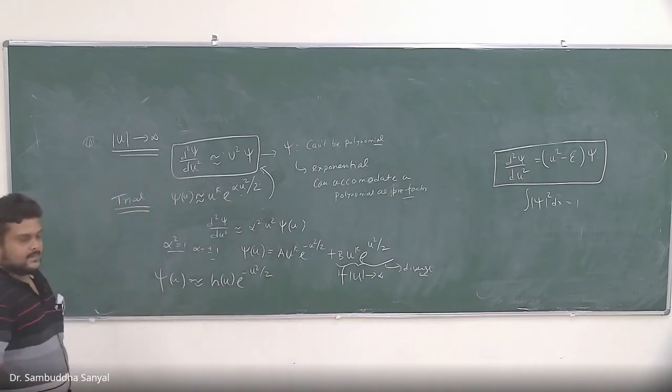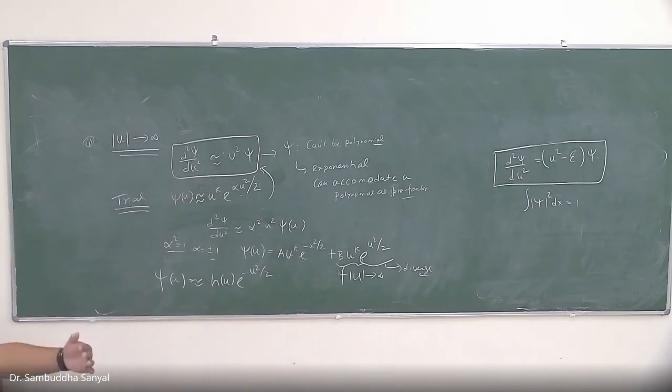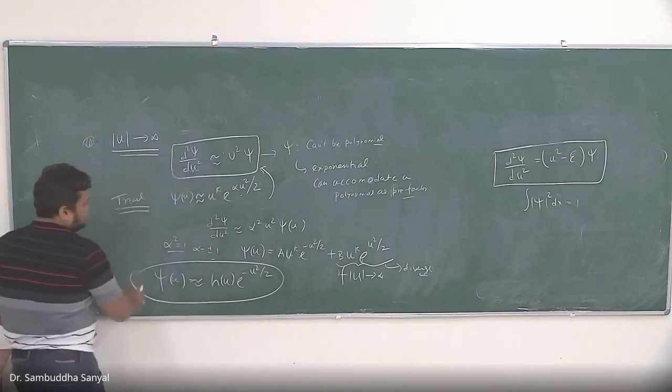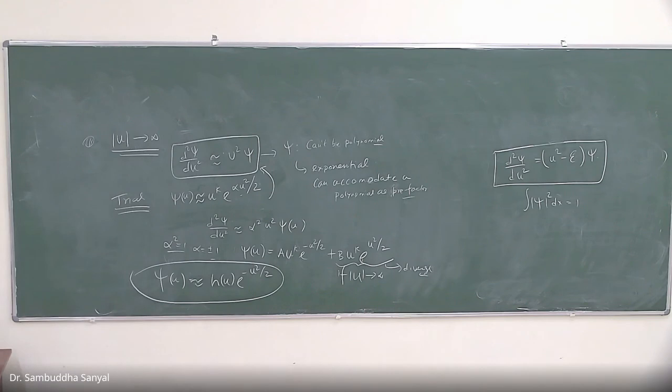Remember, this is a square. A square will always go to infinity if u goes to infinity because it's a growing part. Everybody on the same page so far? Why did I land on this? It's a polynomial times an exponential, which must be of this form. So this is my best guess so far.